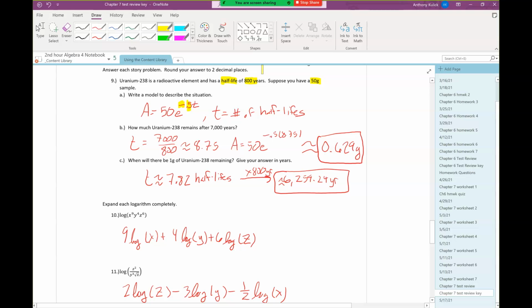And 800 more years we'd be at whatever, 6 1/4, and so on. So when I'm putting in my t, I want to convert it into half-lives. So I took the 7,000 and divided it by the length of the half-life, so 800 years. And that's the value then that I plugged in for t to get the amount of stuff left.